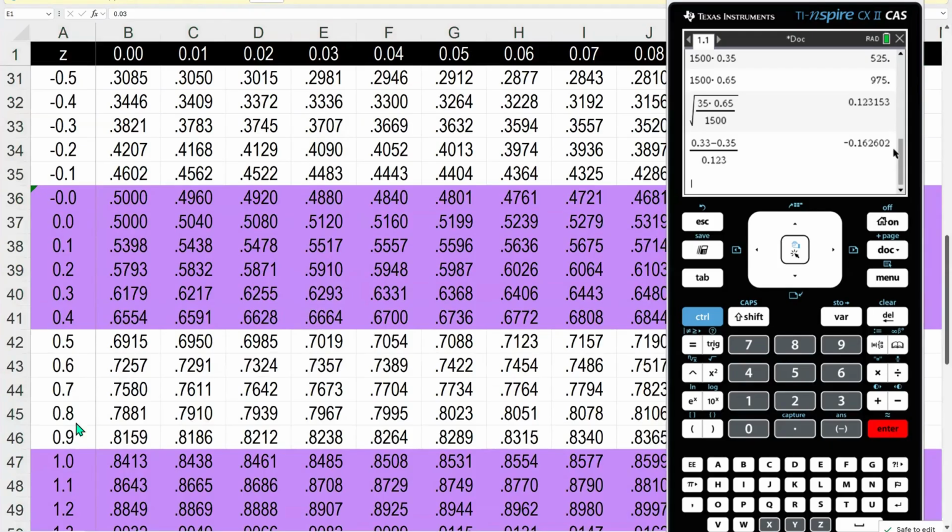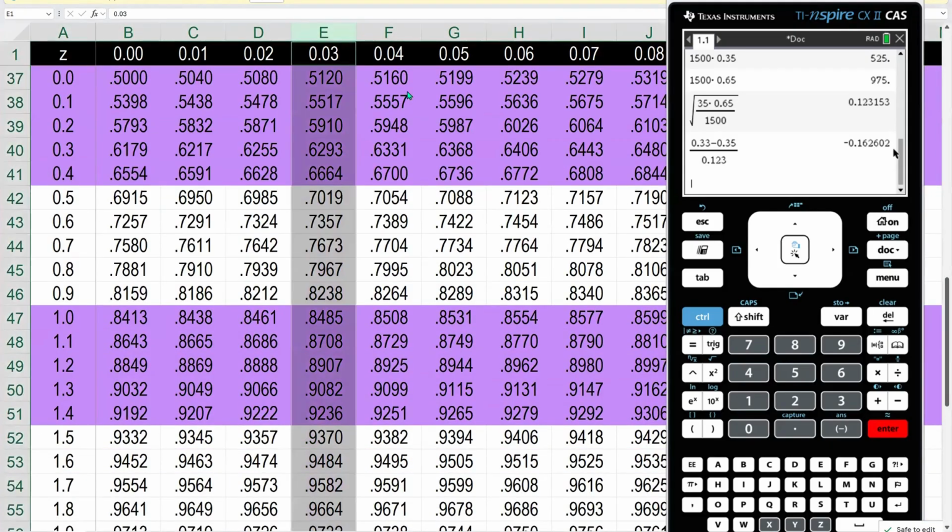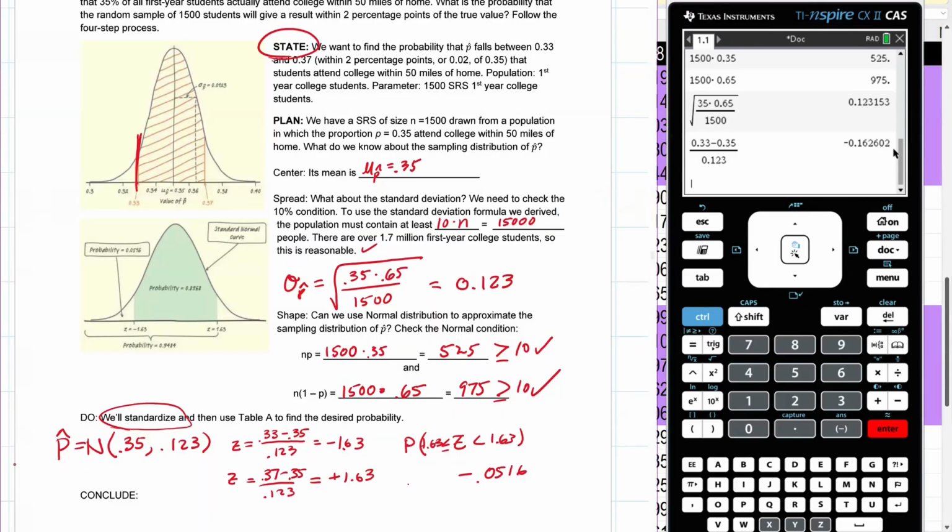And you're thinking, boy, it's been a long time since we've used the table. I'm going to agree. And that's 0.9484. 0.9484 minus 0.0516. And we get 0.8968.